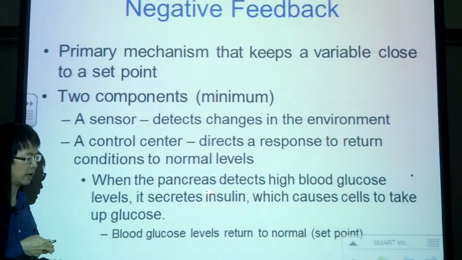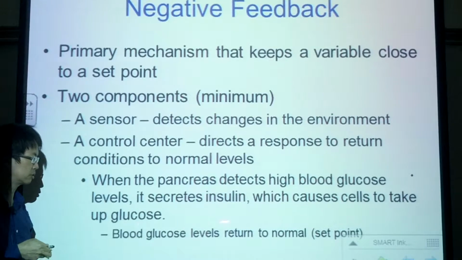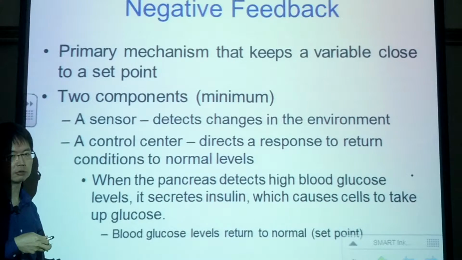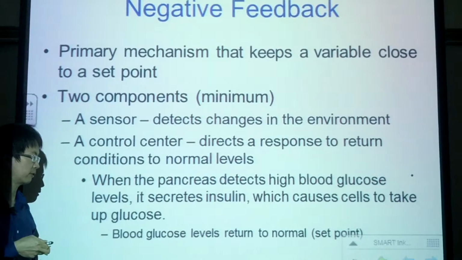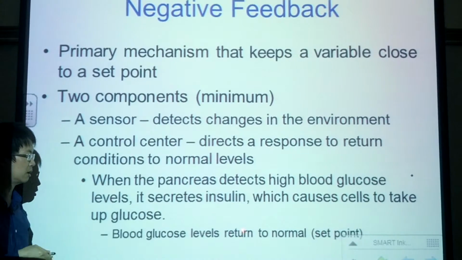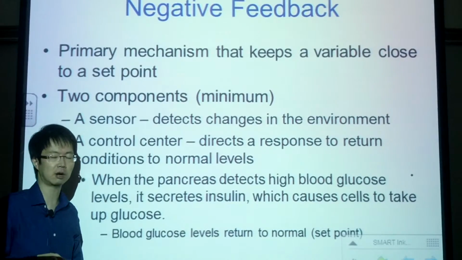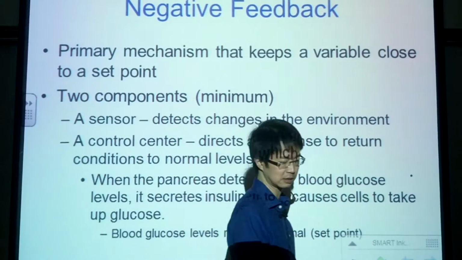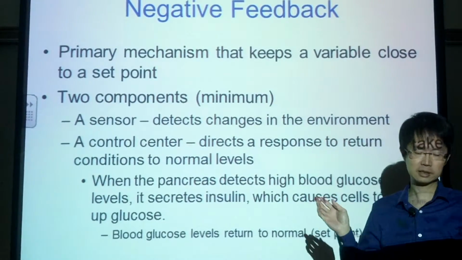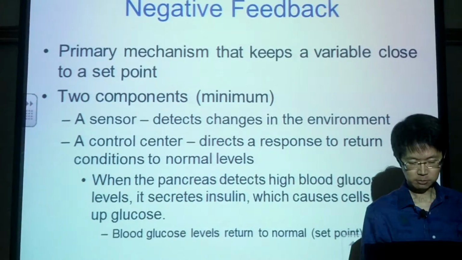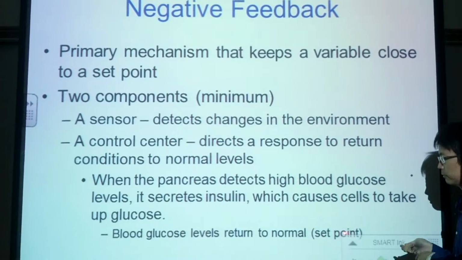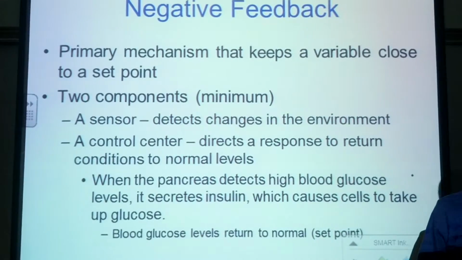It secretes a hormone called insulin that causes cells to absorb glucose into the cell. In this way, you decrease the blood glucose level. When the blood glucose level decreases, you restore it to the normal set point. This is an example of negative feedback to bring your blood glucose level back to homeostasis.